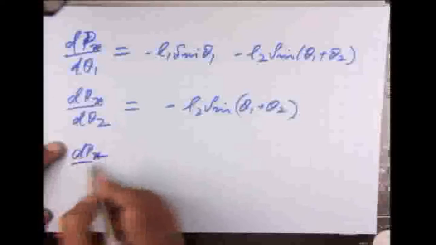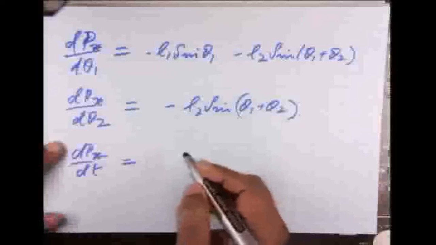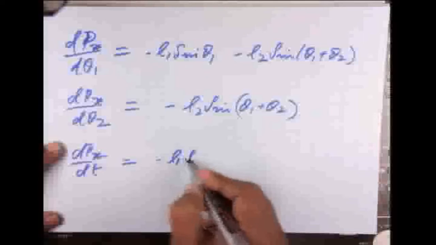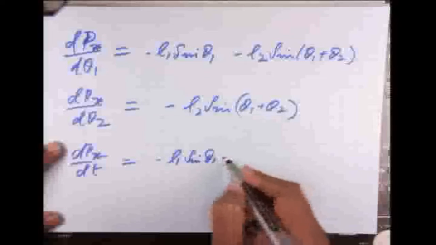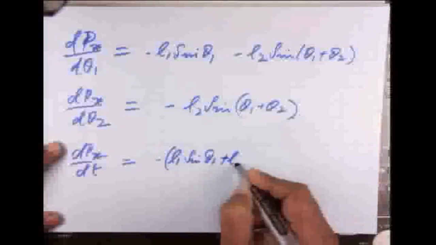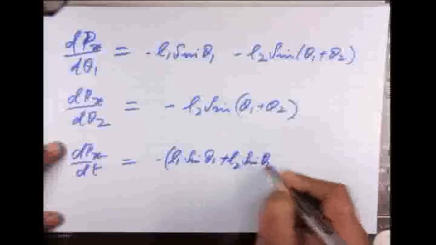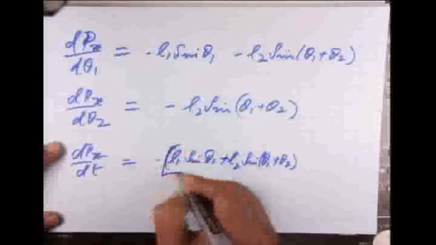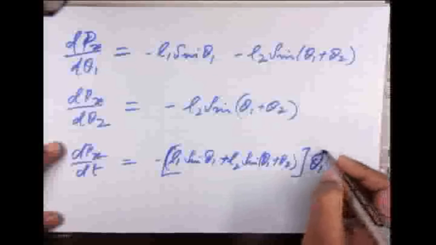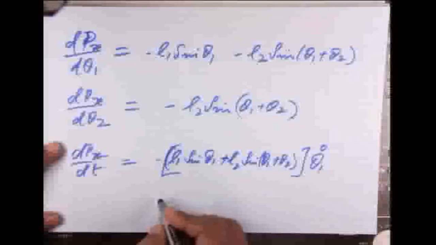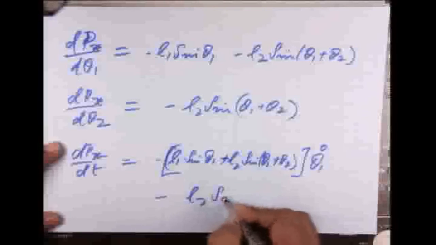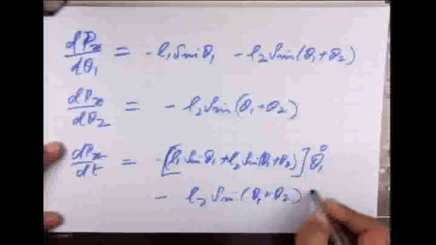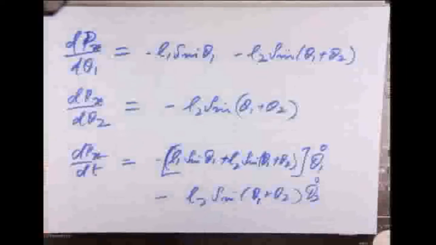So dpx upon dt is equal to minus L1 sin theta 1 minus L2 sin theta 1 plus theta 2 times theta 1 dot, minus L2 sin theta 1 plus theta 2 times theta 2 dot. Okay.